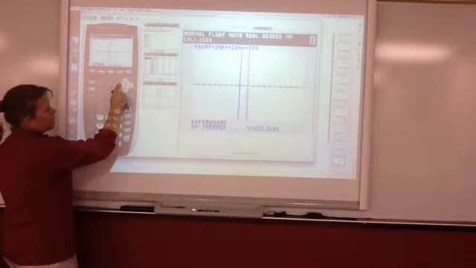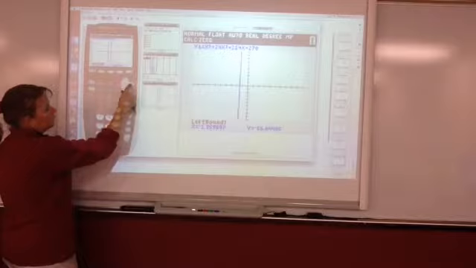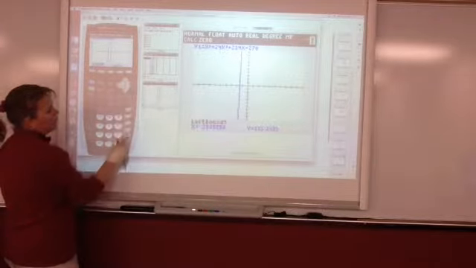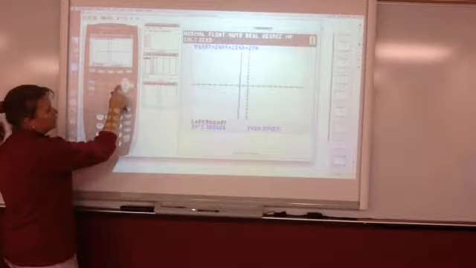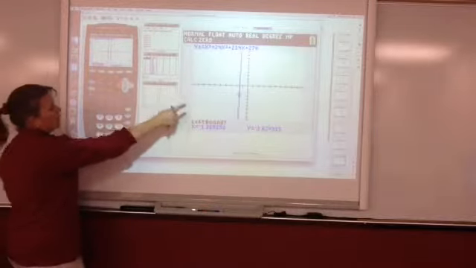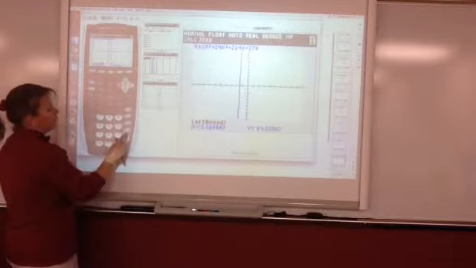Let's see if I can find my cursor. Too high, too low. My left boundary is going to come onto the screen too low, so I'll go up 1.